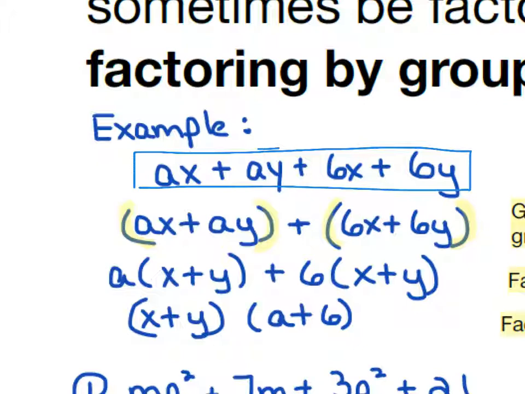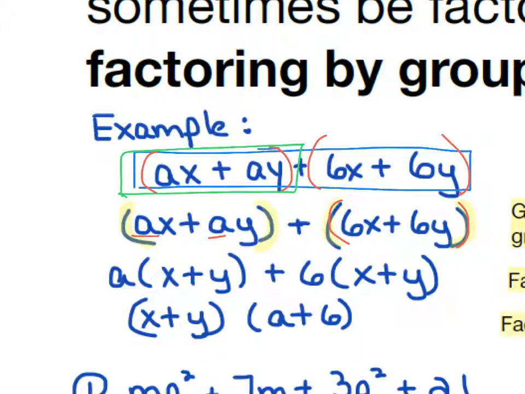However, if I decide to take them 2 at a time and make a group here and a group here, then by itself, this group has a greatest common factor of the letter A. And then this group has a GCF, or a greatest common factor, of 6.